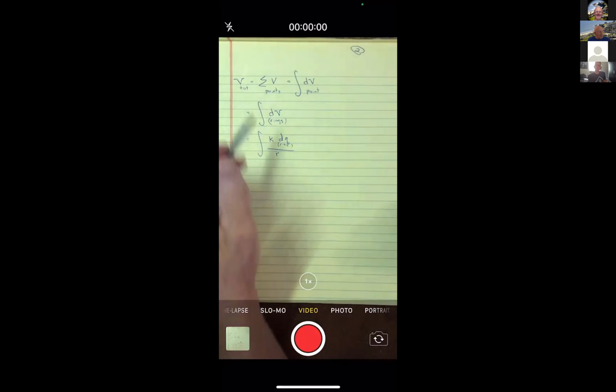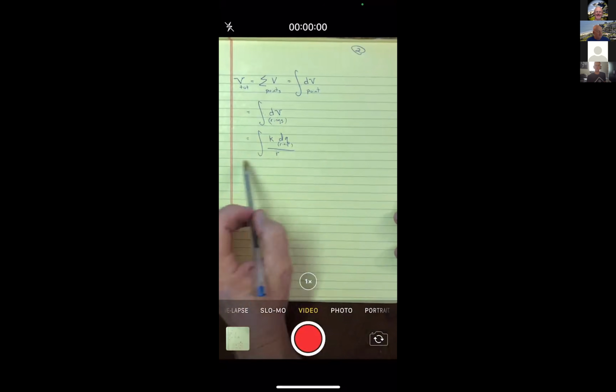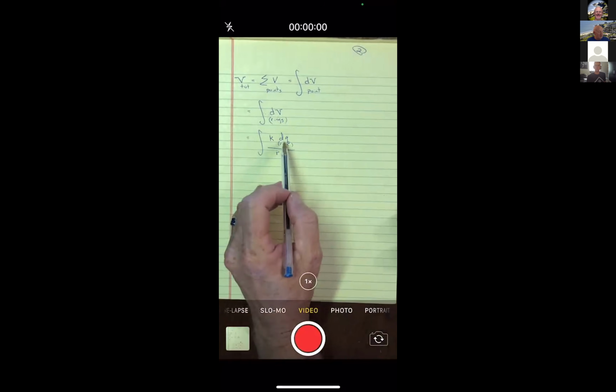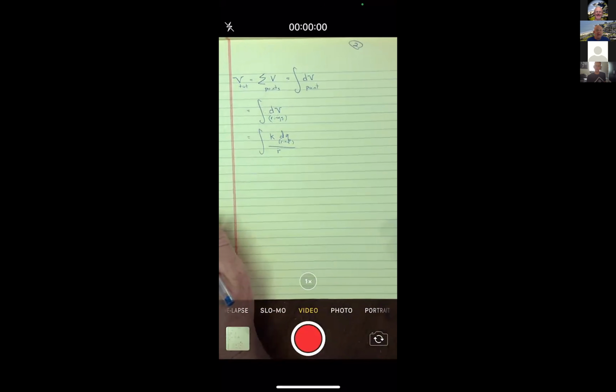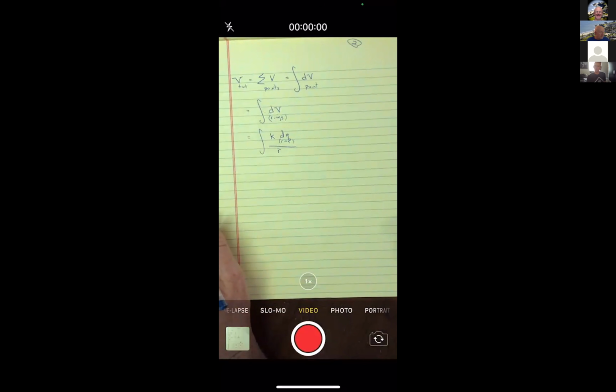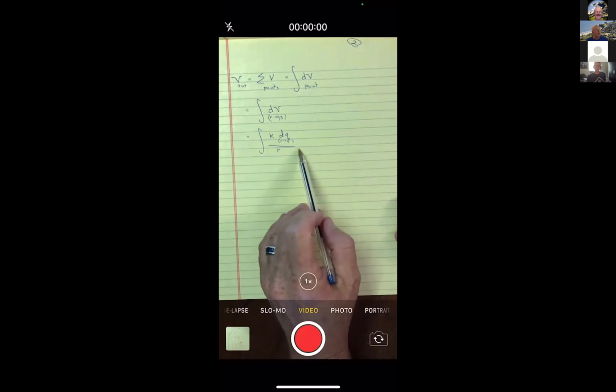And then once you know a ring, you could say, what I'm going to do is add up a bunch of rings in order to get the disk. And that's what we have here. We're going to add up a bunch of rings in order to get a disk. And you can use example 25.6 as your example, because he does a disk.